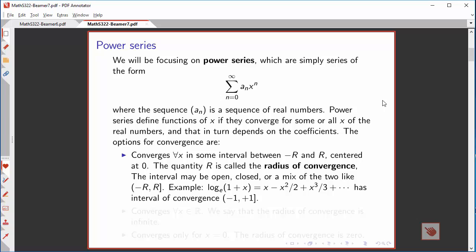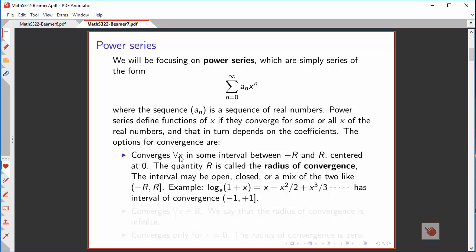If there's some set of real numbers for which this is a convergent series, then the power series defines a function of x, and the values of x for which that happens depends on the coefficients. It turns out there are only three possibilities. You can't get an arbitrary set.